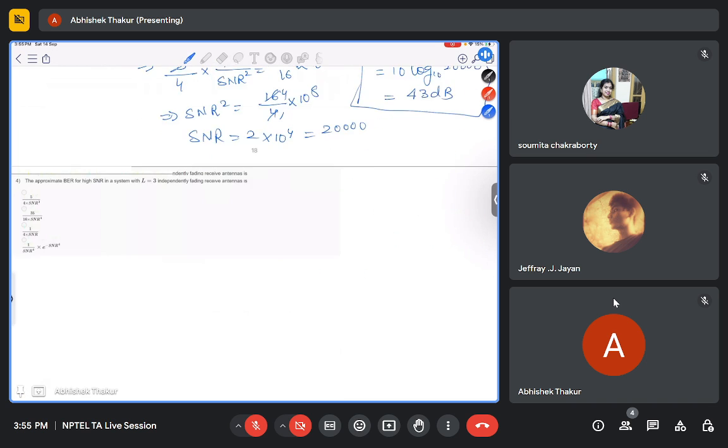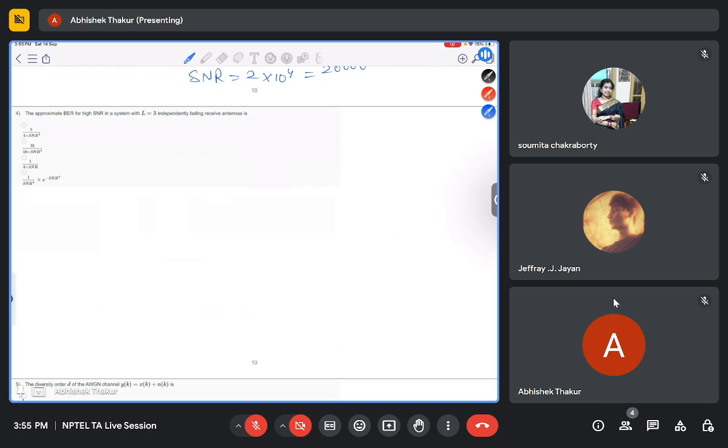Similarly, we will have the fourth question. Here L is equal to 3 is given. So we can substitute the value. Bit error rate is equal to, if L is equal to 3, 5C3 into 1 by 8 SNR cube.